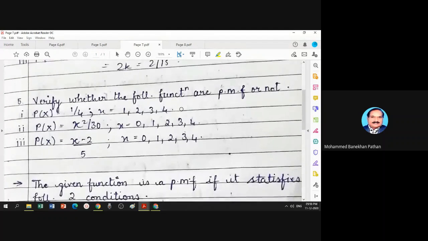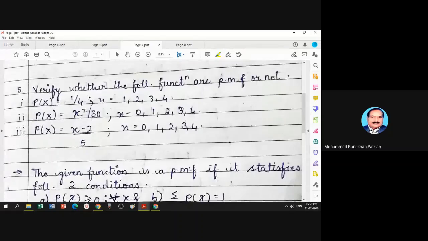Now I take example 5. Verify whether the following functions are PMF or not. You can recall one example of similar nature in your previous chapter under the heading of probability model.